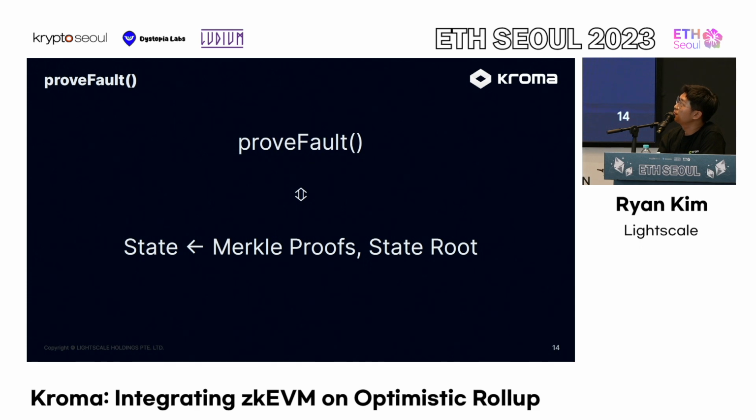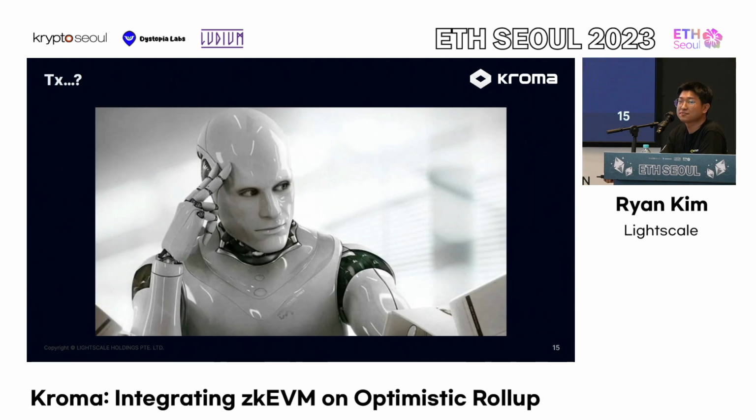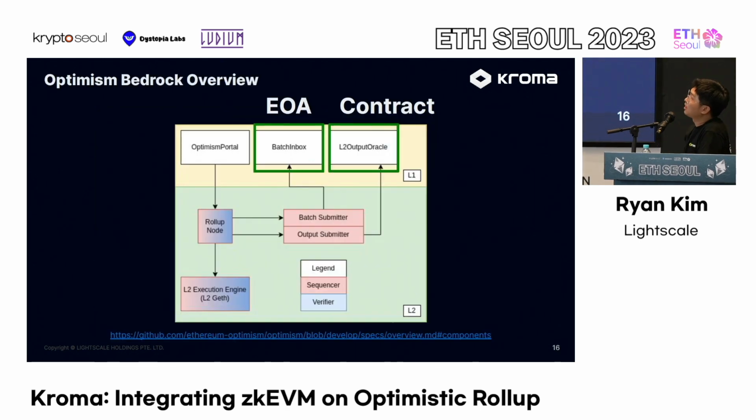For the fault proof function, as I said before, you need access to state and transactions. State is very easy to obtain. You can obtain the state from the state root and corresponding Merkle proofs. Then what about the transactions? If you take a look at the architecture of Optimism Bedrock, there are two submitters.